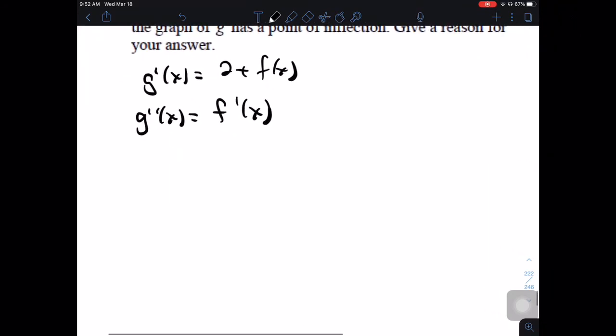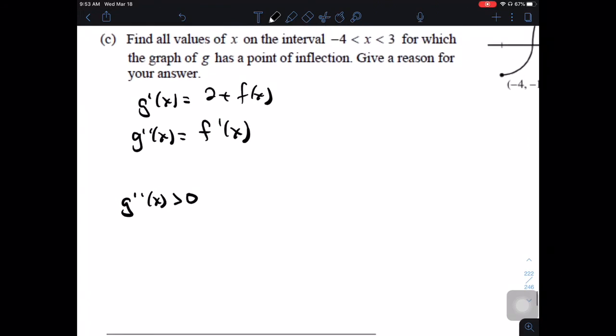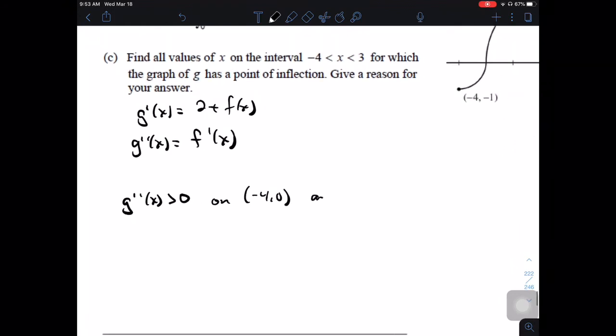I'm going to write that down. G double prime is greater than 0. Slopes are positive on negative 4 to 0, and g double prime of x is less than 0 on 0 to 3.